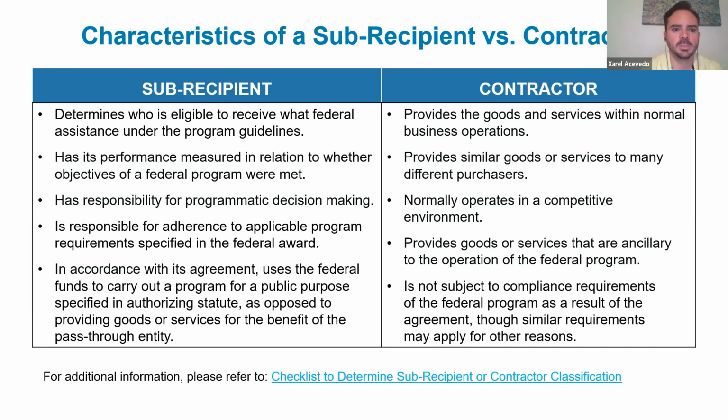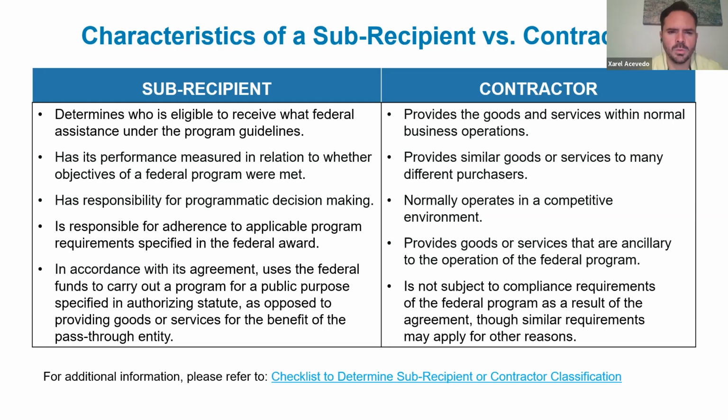Third, has responsibility for programmatic decision-making. Exactly, they're your partner. They are not limited to just delivering a good or a service. They're an inherent part of the actual program. Is responsible for adherence to applicable program requirements specified in the federal award. I think we just covered this. Just like you're responsible, they are as well.